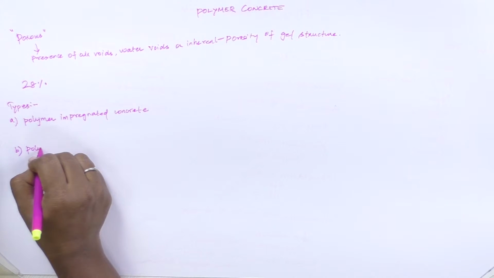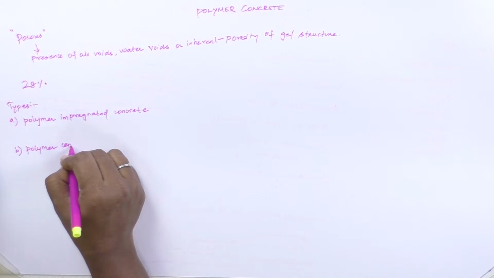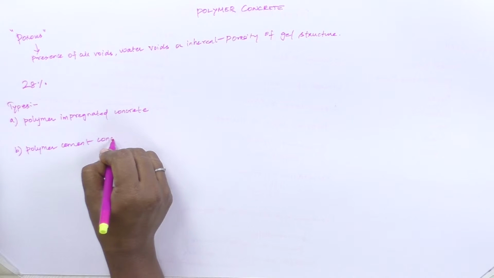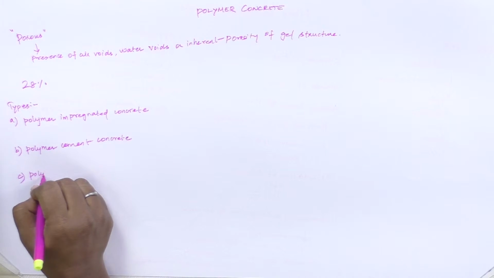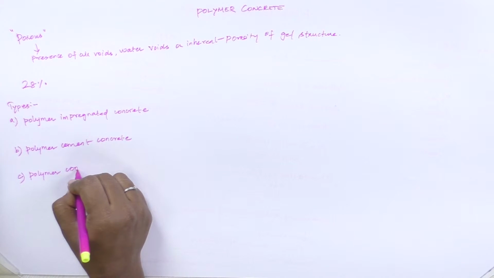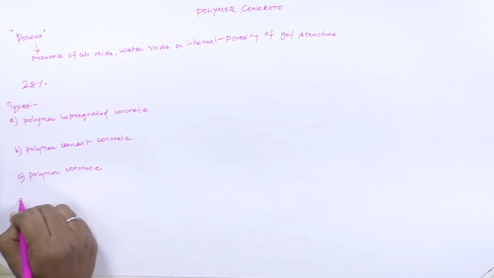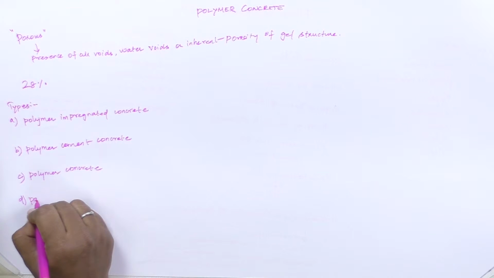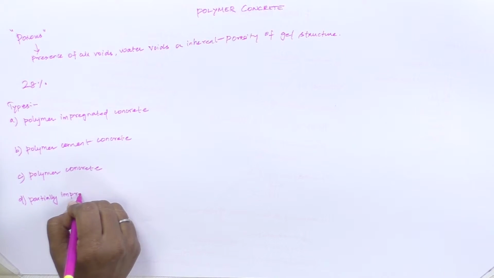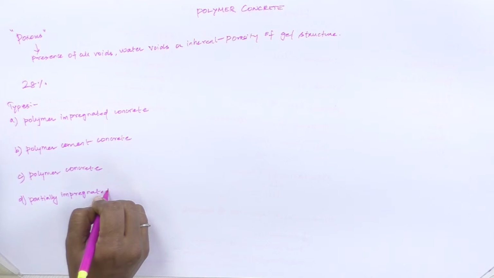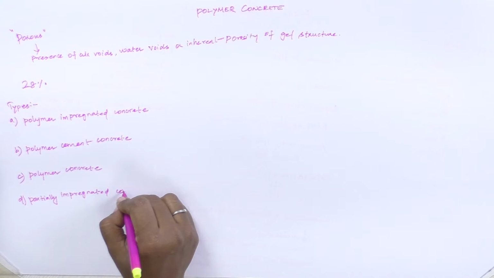Second one is polymer cement concrete. Polymer concrete. Partially impregnated concrete.